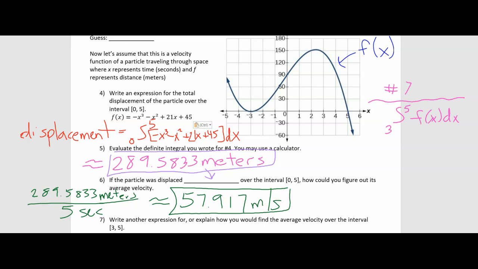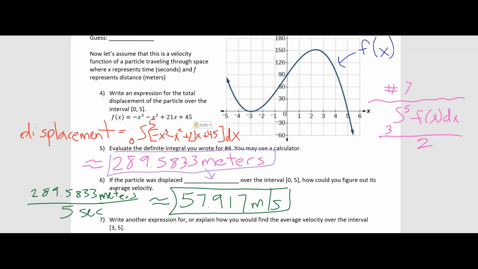Now, that by itself is not going to give us the average value of f of x, though. At the end, we had to divide by the total amount of time on that interval. In this case, the total amount of time is just 2, because we were traveling on the interval 3 to 5, so 3 seconds to 5 seconds.